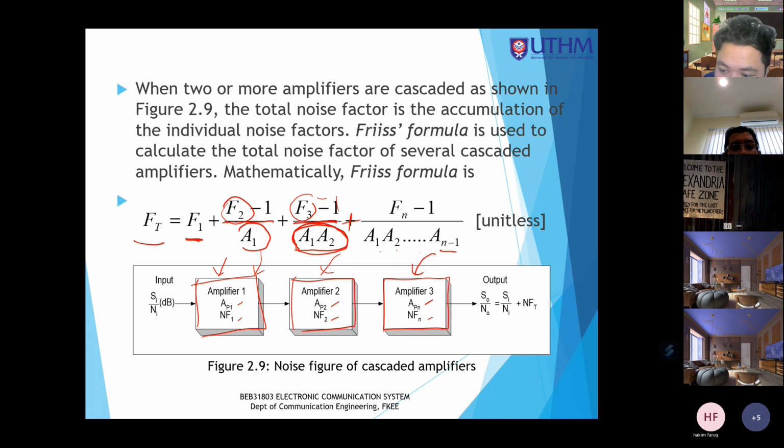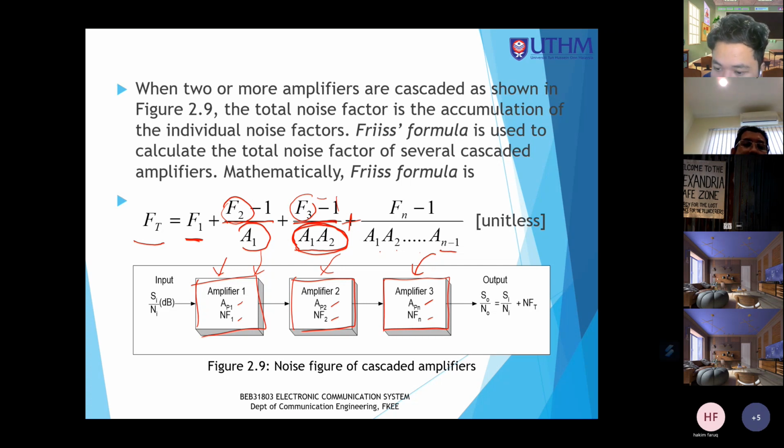Okay, so perhatikan dalam equation ini apa yang kita boleh simpulkan. Semua parameter dalam persamaan ini adalah absolute value, bukan dalam sebutan decibel. So berhati-hati.